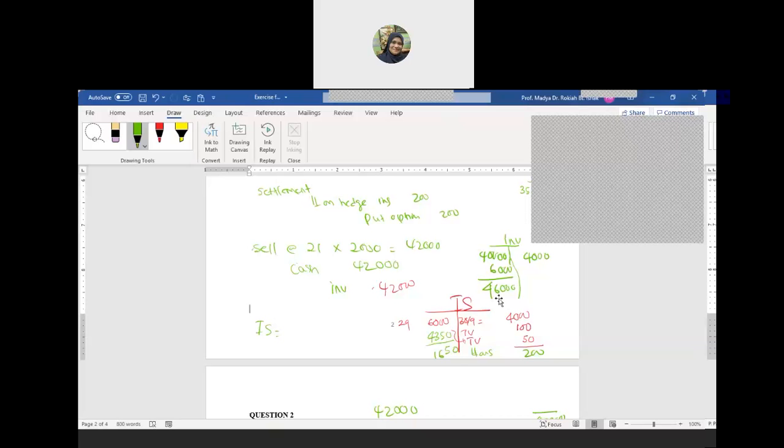Yeah. Okay, why do you have a loss here? Because with your options you want to sell the shares at the price of 20, but the price of shares here is 21, so you are selling below the market value, so you're going to have a loss in terms of your option.